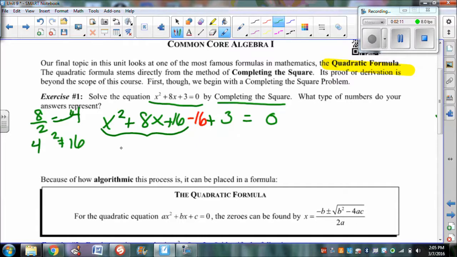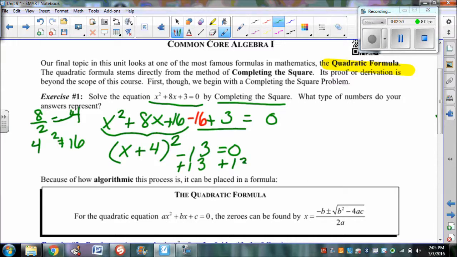One never knows. When I take a look at that trinomial, I can factor it into x plus 4, my perfect square trinomial, squared. Combining like terms, I get minus 13 equals 0. So I have it in vertex form, so let's add 13 to both sides, and we get x plus 4 squared equals 13.